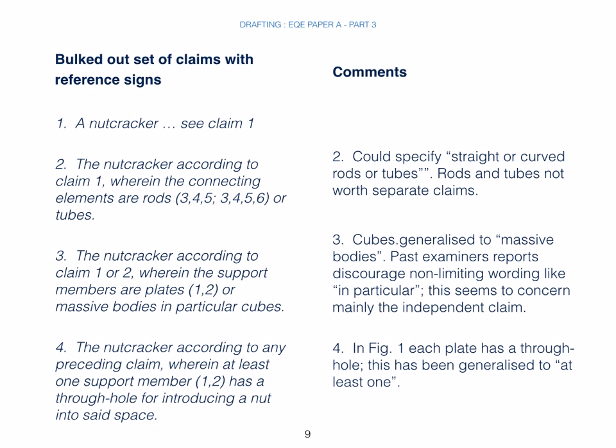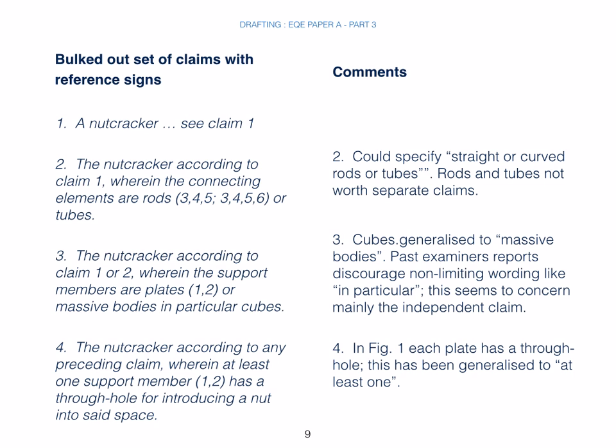Claim 4 reads, the Nutcracker according to any preceding claim, wherein at least one support member 1, 2 has a through hole for introducing a nut into said space. There again, in the client's figure 1 embodiment, there were through holes in the two ends of the two plates, but it's quite clear that it's only necessary to have one through hole for introducing the nut.